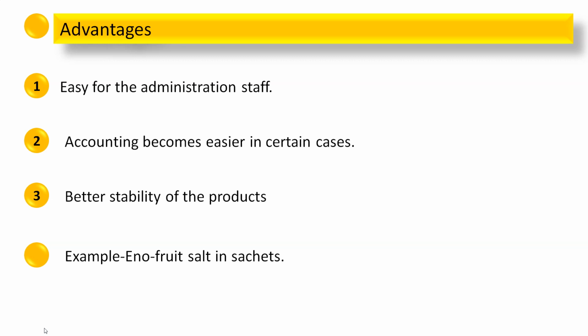The stability of the products is very good. Depending upon the category, they can keep the products so that stability is attained. An example would be fruit salt in sachets. We have seen the sachets containing fruit salts, and the advantages associated with the decentralized unit dose dispensing system.